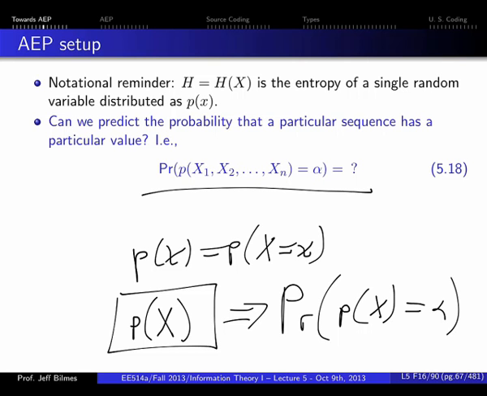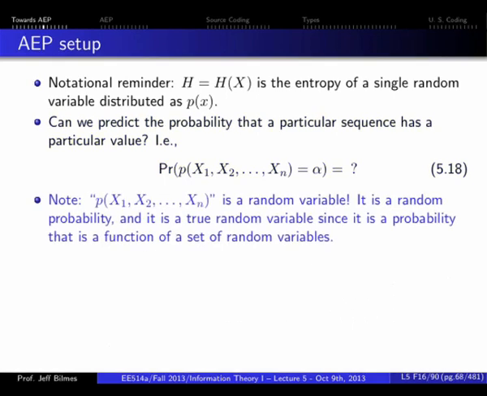And that's all we're doing here, but it's a vector valued case. Everybody happy with this? It's the probability of the probability, because again, we're being very specific about the capital letters here. So p of capital X is a random variable.